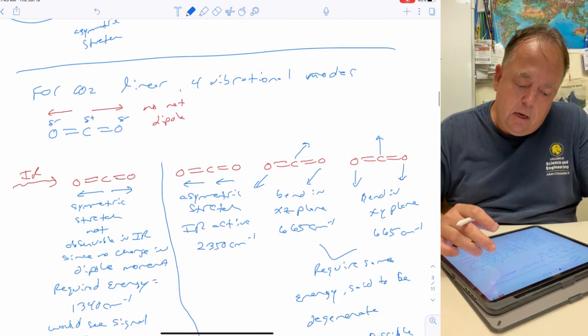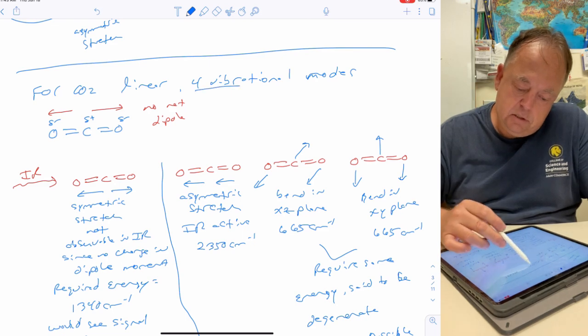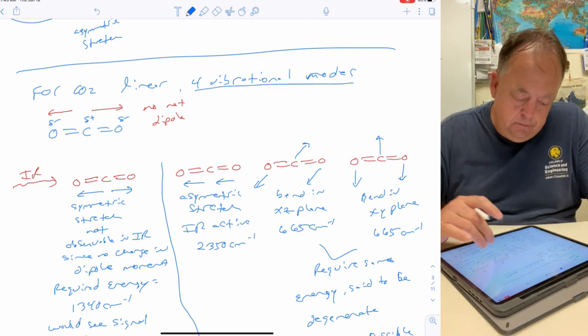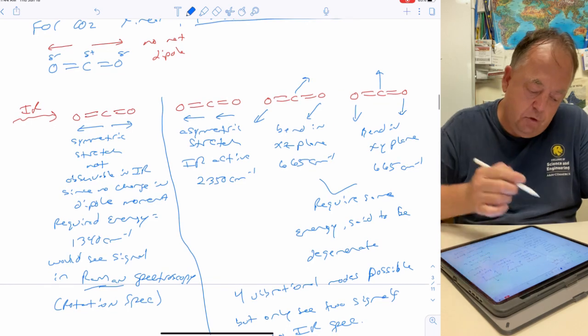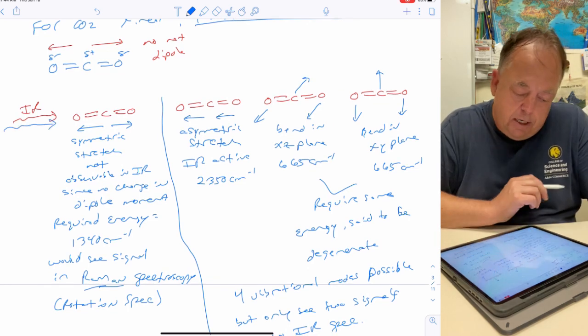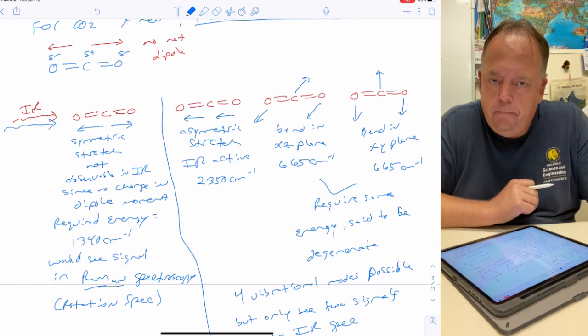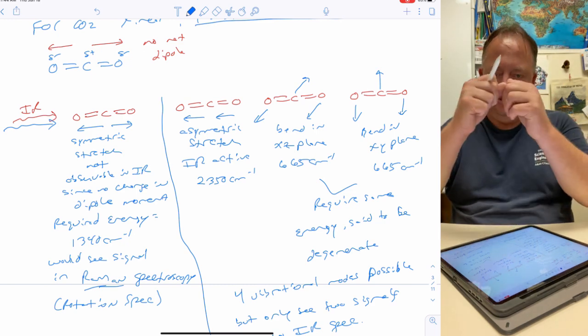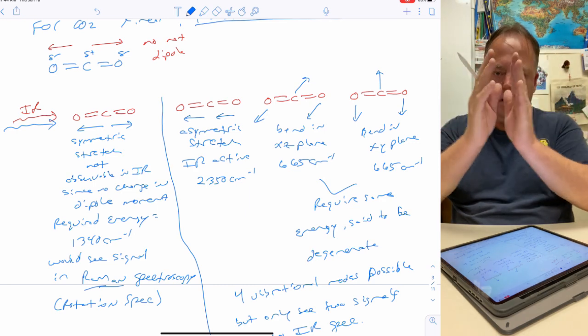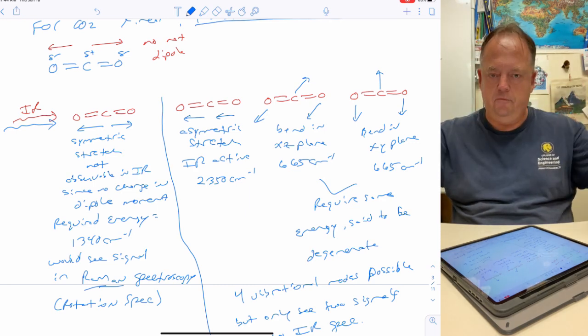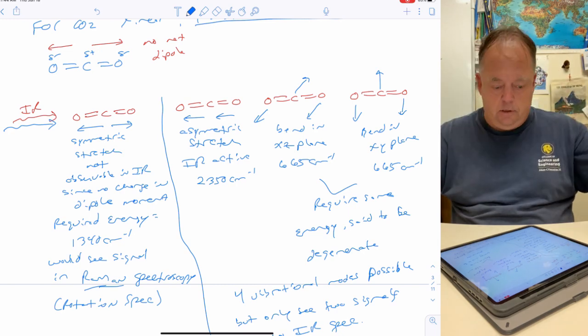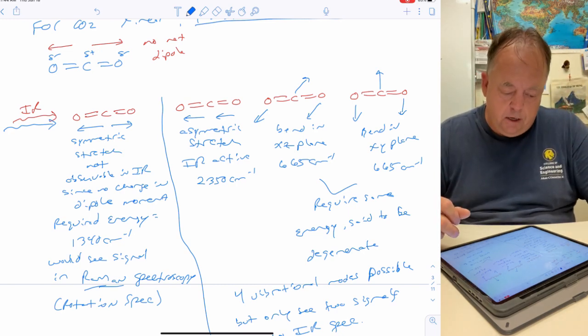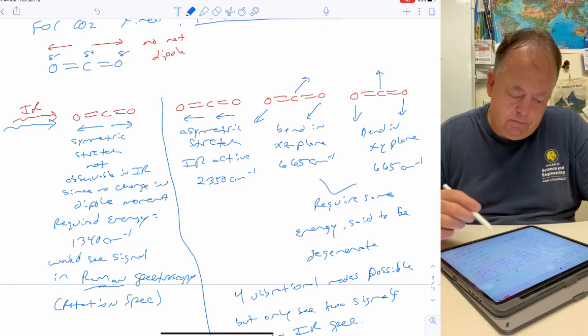If we took a linear molecule like CO2, it should have 4 vibrational modes. If you shine an IR beam on the CO2 molecule, one of the stretching modes is the symmetric stretching mode. If the carbon's in the middle and these are the 2 oxygens, then if we stretch those 2 oxygens in opposite directions from each other, that is the symmetric stretching mode.